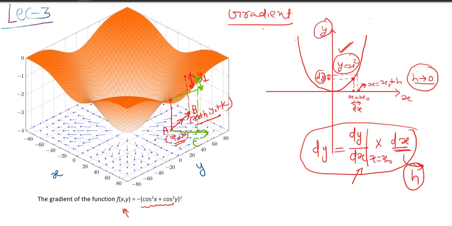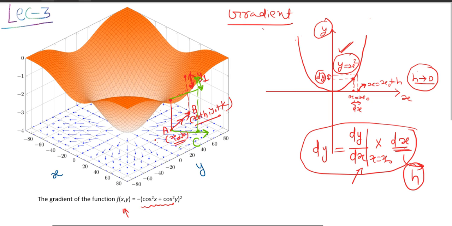So now the change in z depends on the direction, not only on the coordinate or the distance in the xy plane, but on the direction in which you are going in the xy plane.